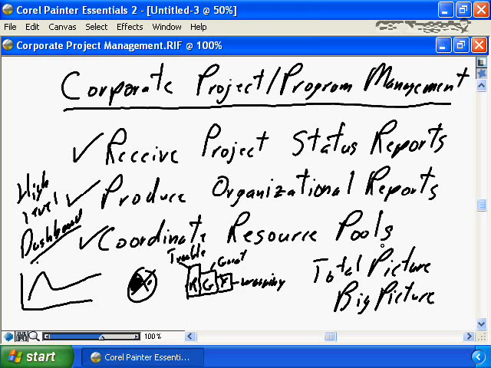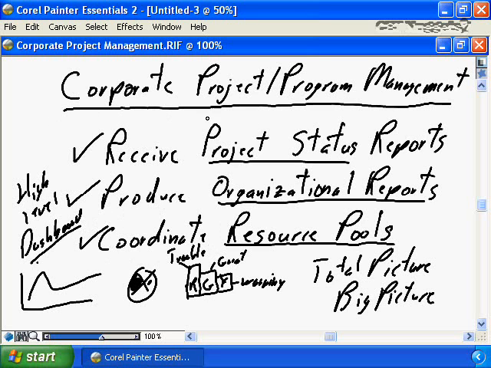And as business units need project managers, or team leaders, or analysts, or whatever the case is going to be, the PMO, because they're receiving all project status reports and producing the organizational reports, is certainly in a position that they know who is available, even if they don't report directly into them, and can provide some level of coordination to ensure that project-based resources are being most effectively deployed throughout the organization.